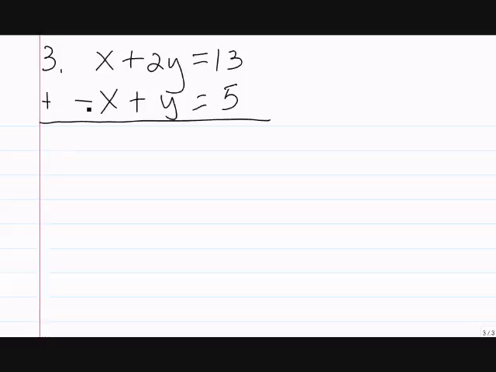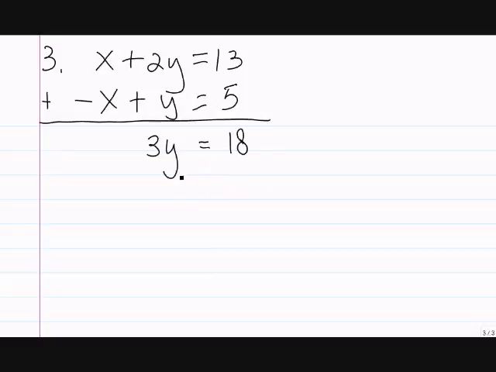What's x plus negative x? They cancel. I get 0. 2y plus y, 3y. And 13 plus 5. Okay, so what's y in this case?